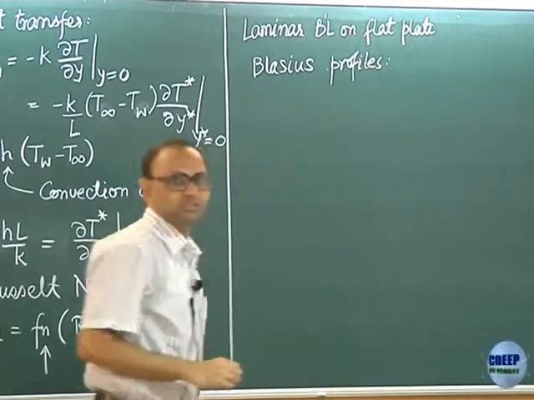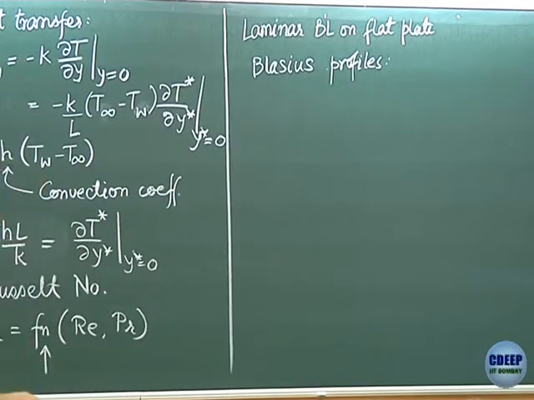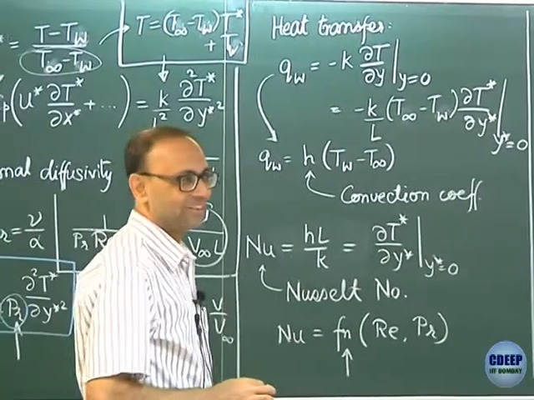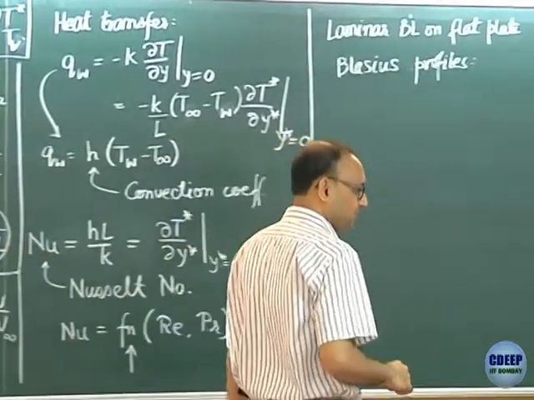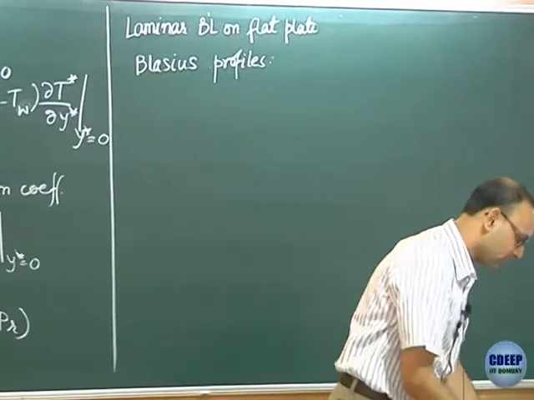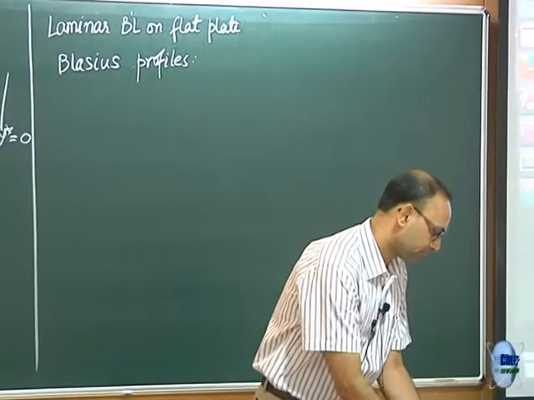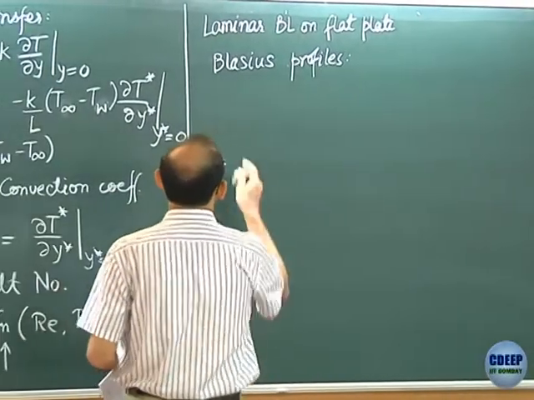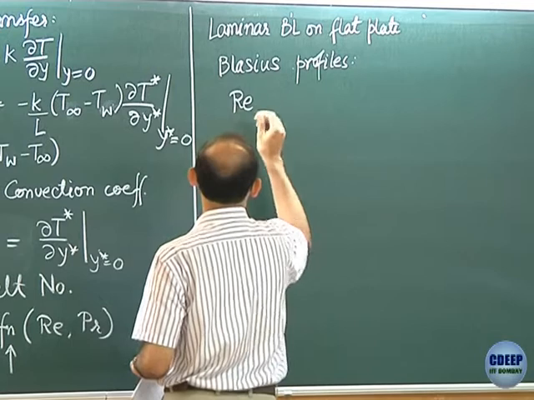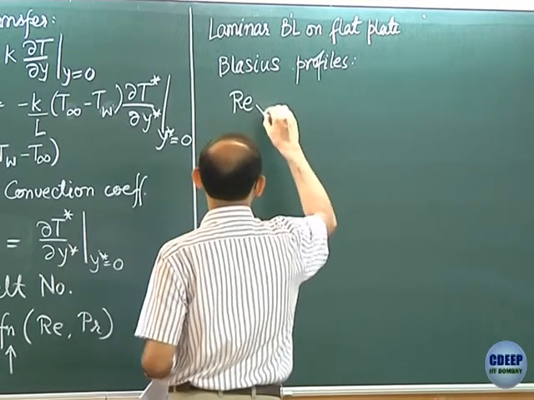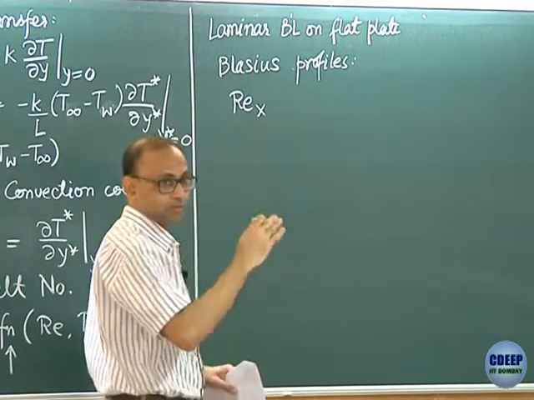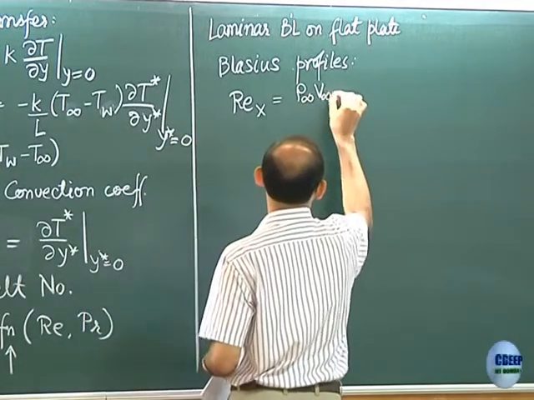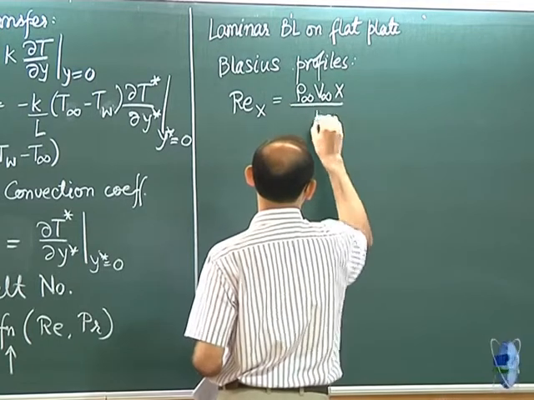He took the differential equations and solved them numerically, without a calculator or a computer at that time. But he got a couple of useful results, which I am going to write here. He defined Reynolds number in terms of the distance x from the tip of the plate, the same definition like REL, but with L replaced by x.